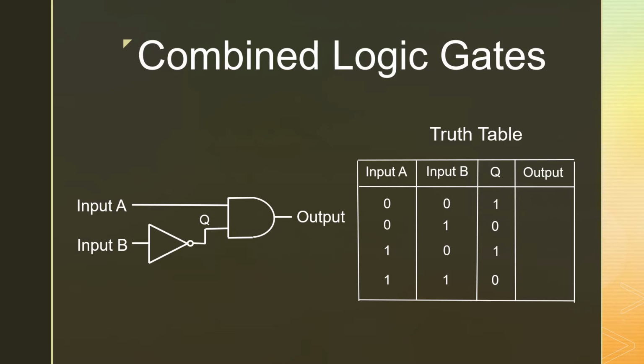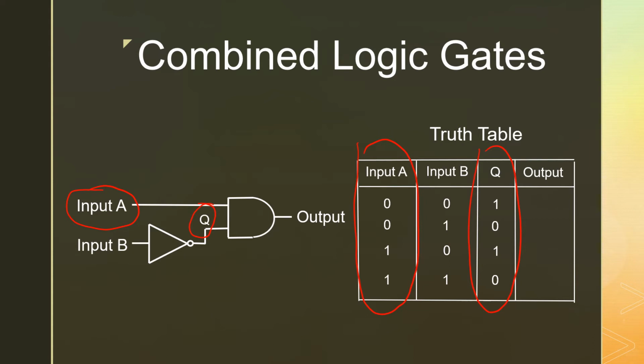Now what I want to do is have a look at the AND gate. With the AND gate, I've got an input A and I've got Q going into it. So when I want to complete my final column, the two columns I need to be looking at are input A and Q. So I can ignore input B now, that's done with. I'm just going to focus on these two columns.